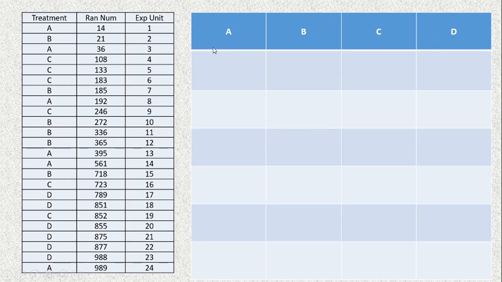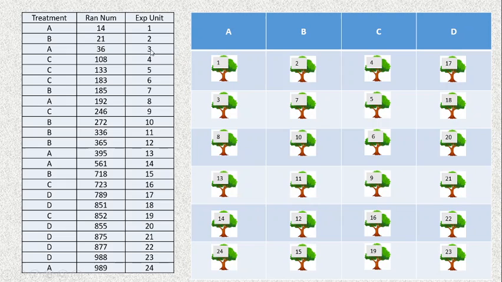For treatment A, we see that it is assigned to experimental unit number 1, so we put experimental unit 1 under treatment A. The next treatment A is for experimental unit 3, and so on.